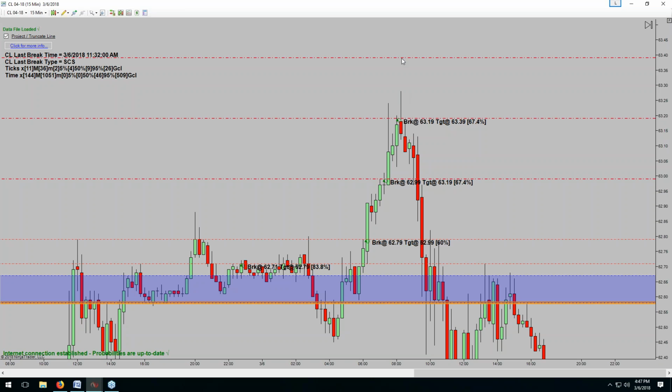Not to say that it couldn't pop up there and hit it, but if you have a lower probability of hitting the next target, you're going to pay attention to the time analysis that the programmer is providing for us. So you're not sitting there waiting for it to hit, and now you're sitting there for 2 hours and it hasn't hit, because you know, majority of the time you should have already been well out of the trade.